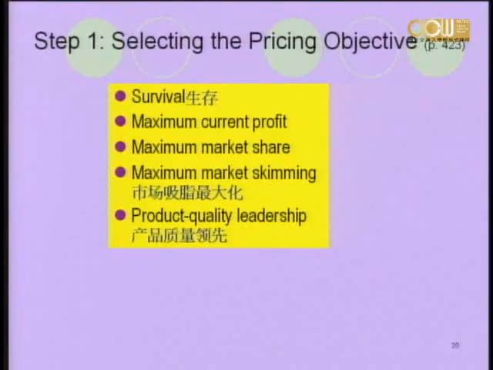Another one is maximum market skimming. Skimming here means this. This is a cup of milk, right? And on top of that, you know, it's just like the milk with the fat, right?